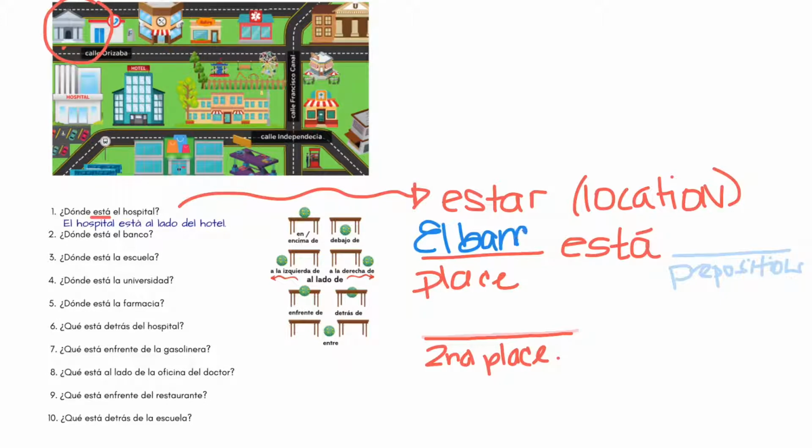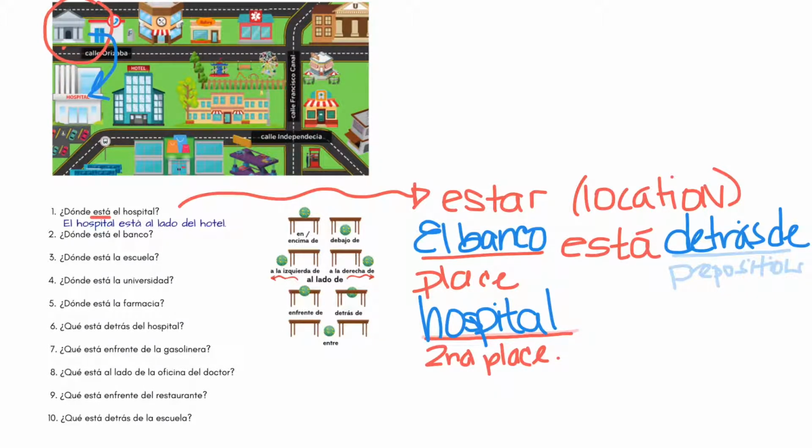This is all about the bank. Está. Now what relation does the bank have to the hospital? I think the best description for me would be behind. So I'm going to use detrás de. And then hospital.